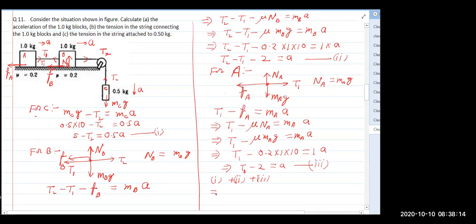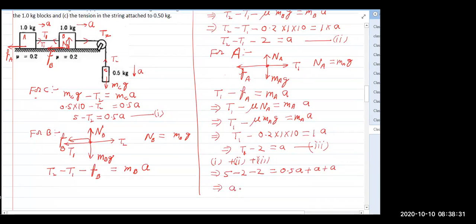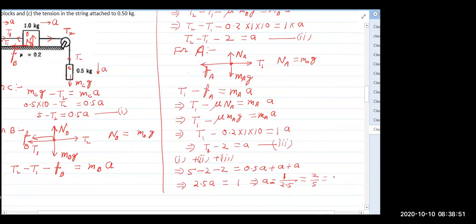We are left with 5 minus 2 equal to 0.5A plus A plus A. So that is 2.5A equal to 1. So A is 1 by 2.5, which is 2 by 5, so 0.4 meter per second squared. This is the acceleration part.